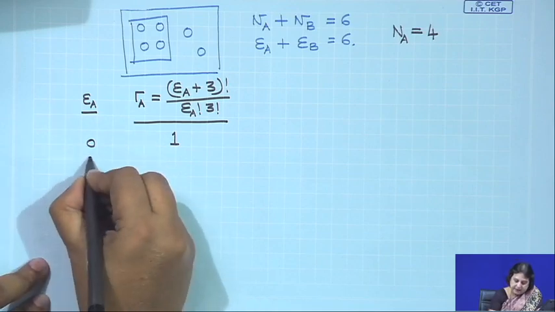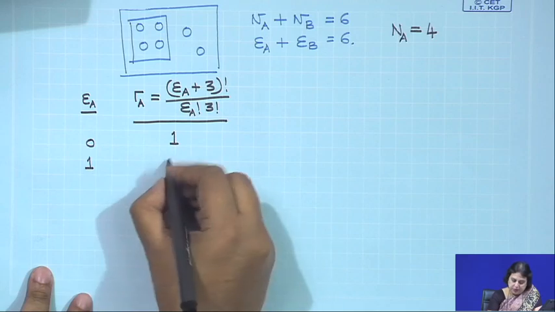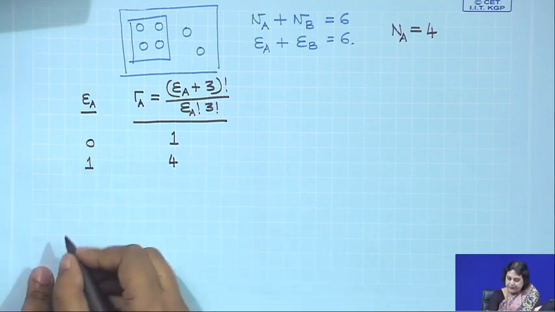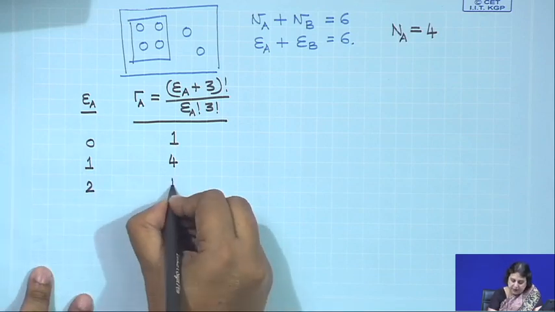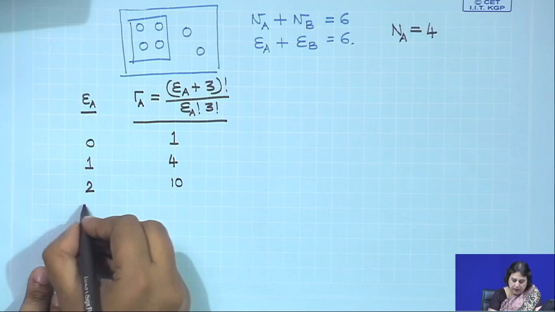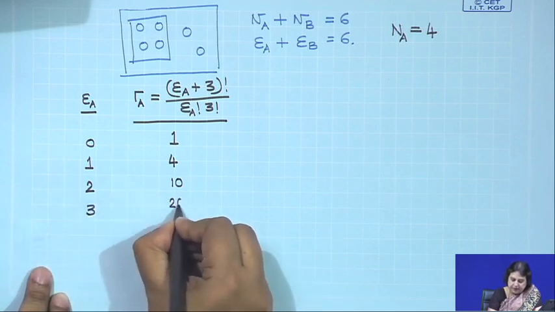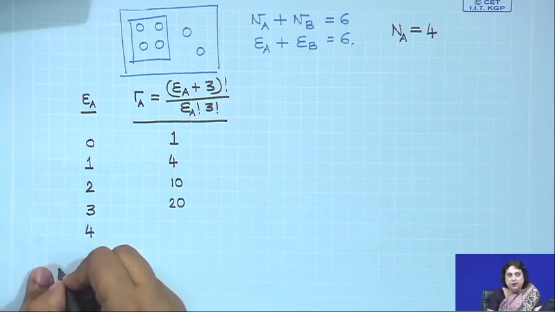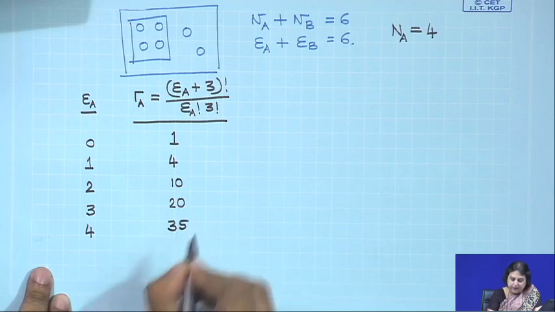Now, if I have epsilon A equal to 1, it is very easy to show that the corresponding number of microstates is going to be 4. When epsilon A is equal to 2, the corresponding number is 10. For 3, you will be able to show that the number is 20. For epsilon A equal to 4, the number turns out to be 35.